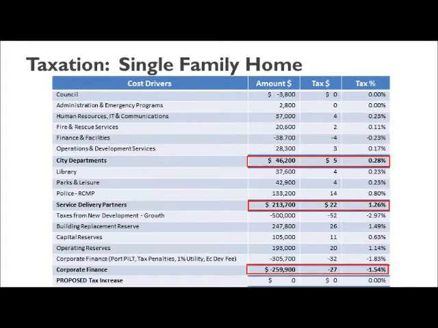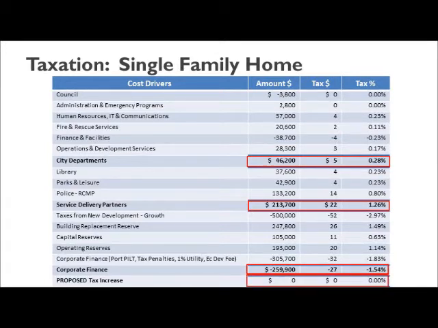Corporate finance, which houses budgets that do not pertain to any one specific department and primarily relate to taxation for new construction and reserve contributions, has provided net savings or tax reduction of $259,900. This reduction provides a credit to the average assessed single-family home of $27, or a 1.54% property tax reduction.